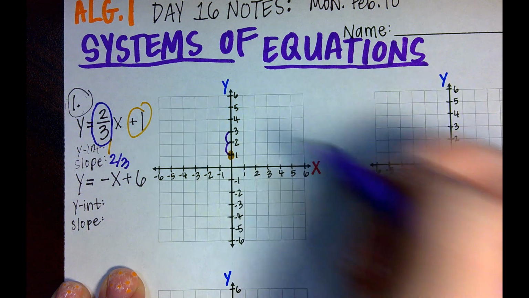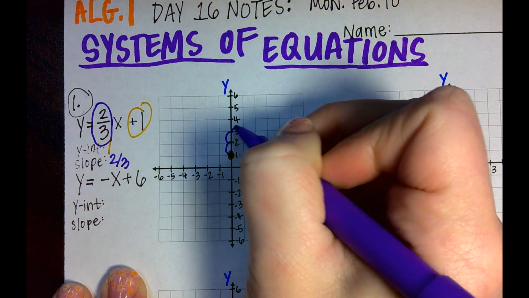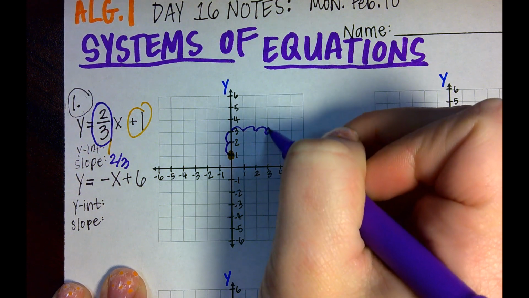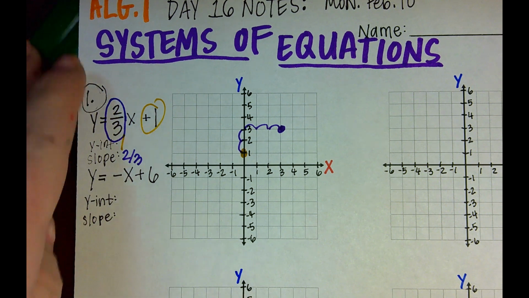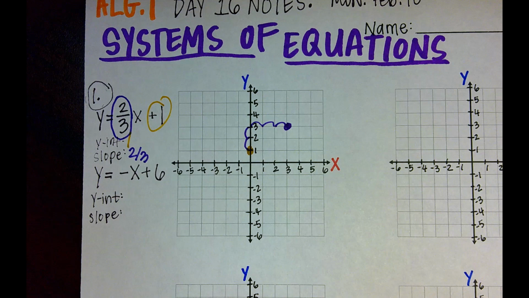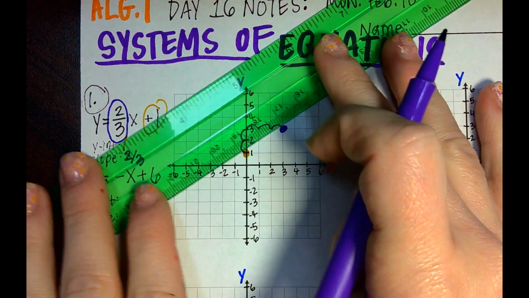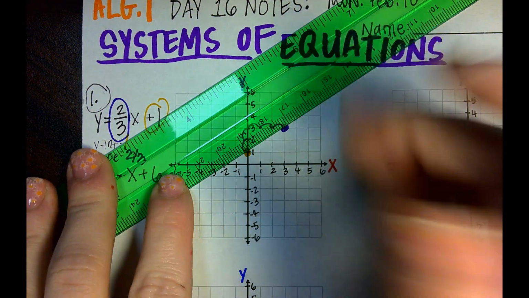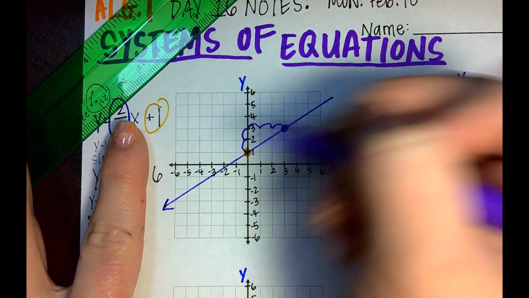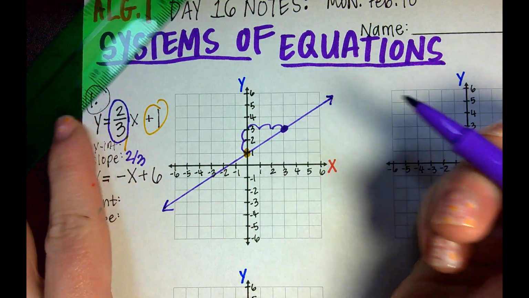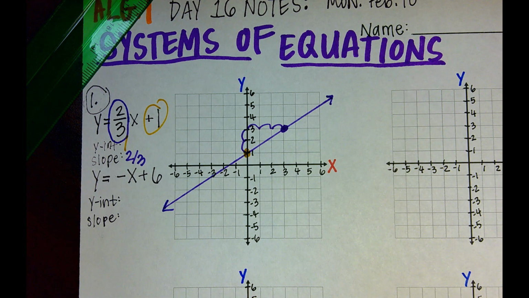So 1, 2, and 1, 2, 3. Okay, so there's my 2 points for my first line. What's the last thing I need to do to graph the line? Just draw a line through it, connect the dots. So there is my first line.